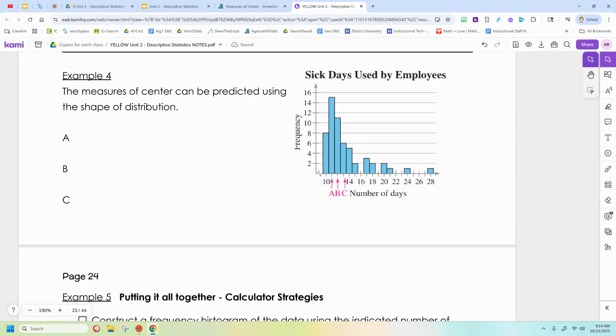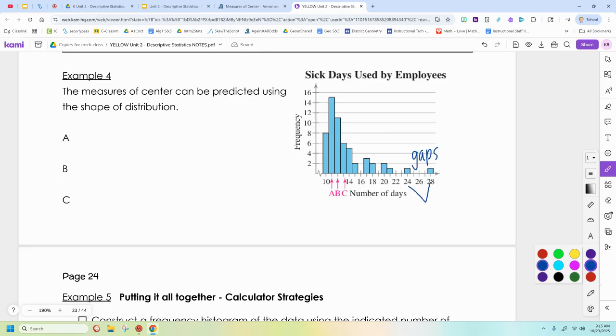So when we look at this, are your eyes drawn to these couple people at the end? It's not our business what's going on, but certainly, what are they doing to the mean and the median, or to those different centers? Because there's gaps, and there's definitely probably 2 outliers.